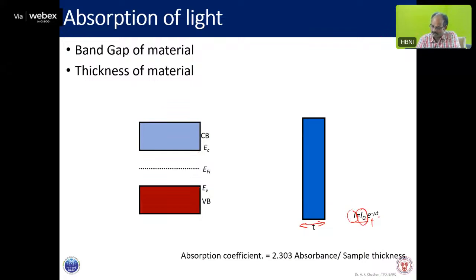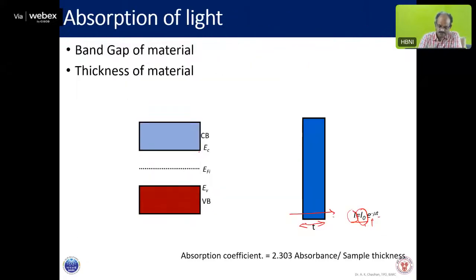This is the maximum intensity of light which is falling, and this is the light which will be transmitted out of it. So we should use a material having a very high absorption coefficient, and the thickness should be as high as possible, but we cannot have very high thickness because of other limitations on the solar cell.